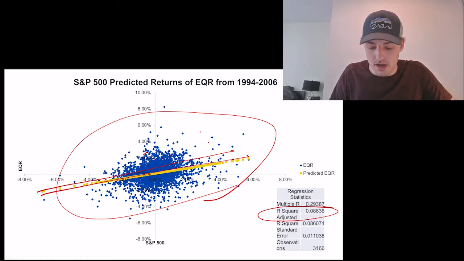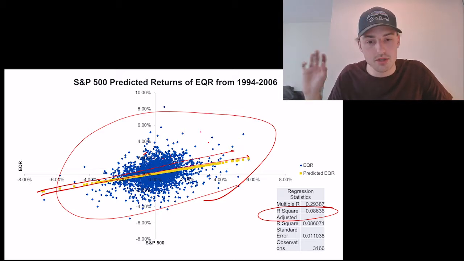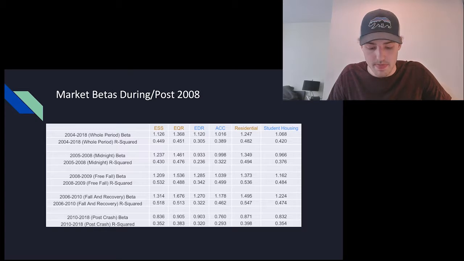And so, the broad conclusion is that from 1994 to 2006, there's almost no relationship between returns of real estate markets and general equity markets themselves.